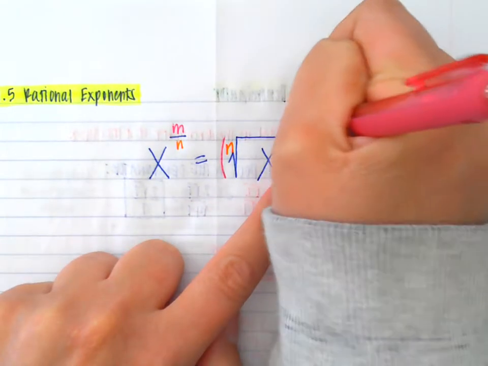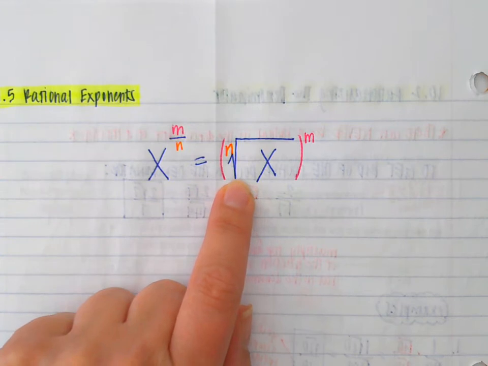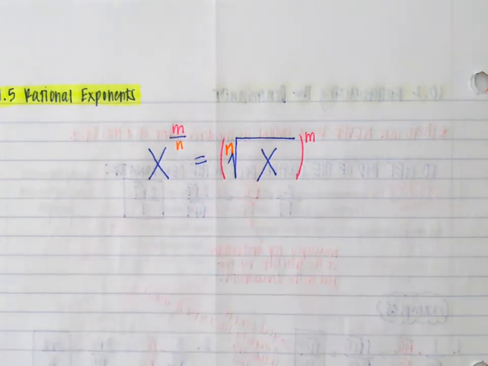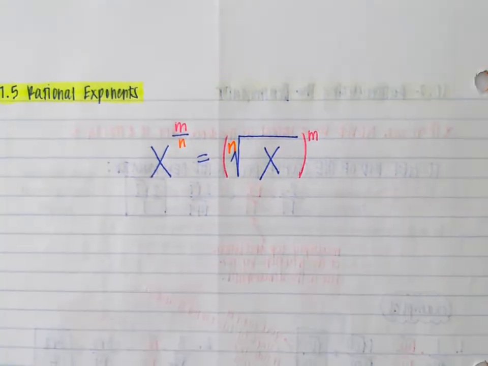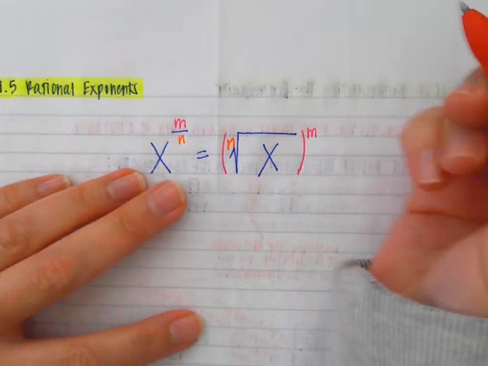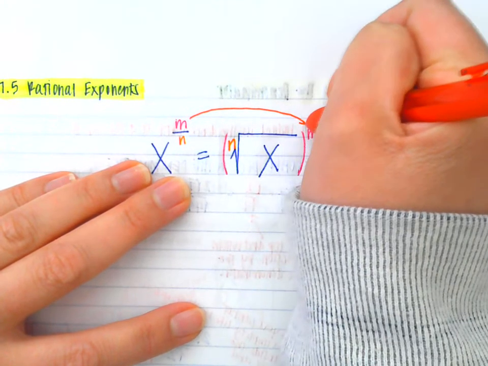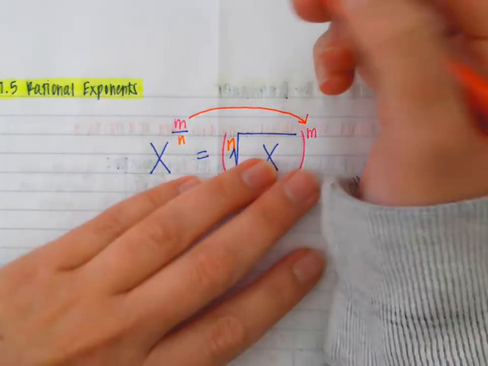And sometimes you'll see the m on the inside here. I actually like to think about it on the outside. I think it helps more when we're simplifying. So that's how I do it. So again, let's reiterate that point. The numerator becomes the exponent.